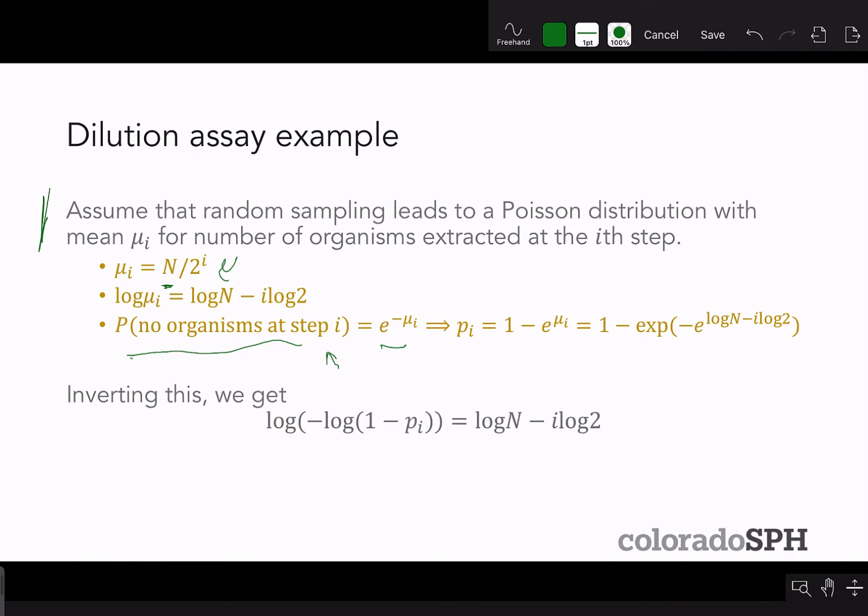And from that, you can calculate that pi, which is the probability that there are some organisms, is 1 minus the probability that there are no organisms. You can calculate that using Poisson as well, and I refer you back to homework 1 to see where that's coming from.